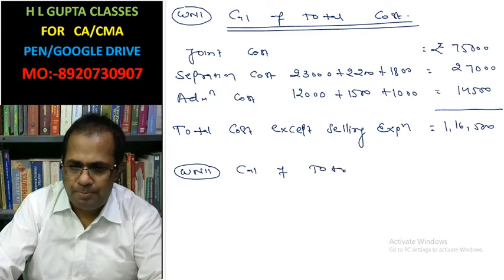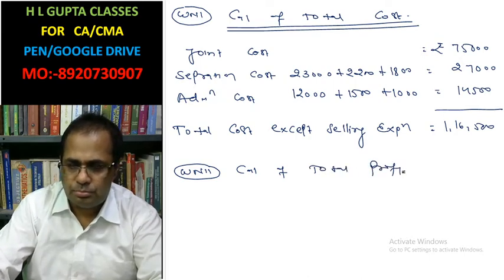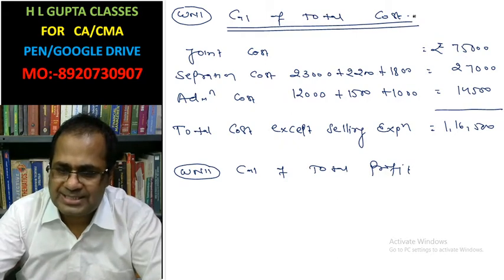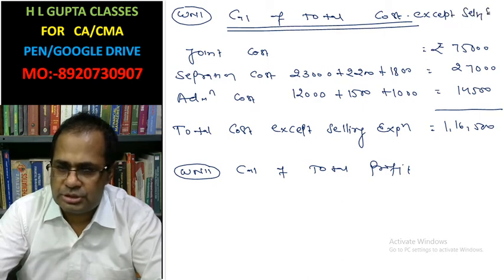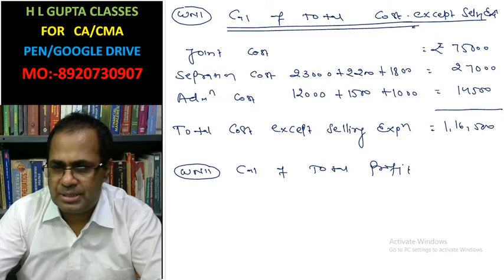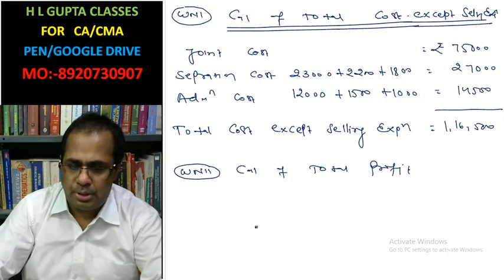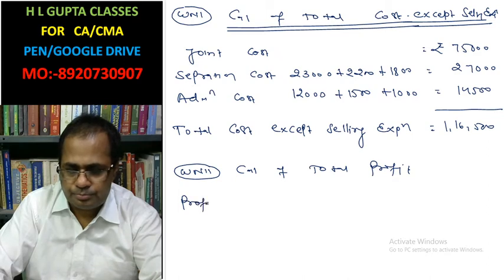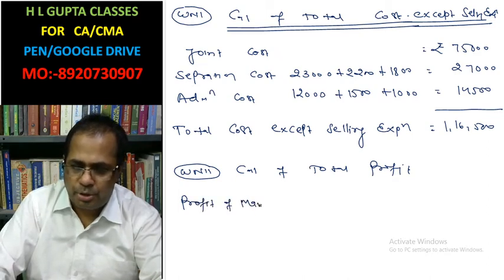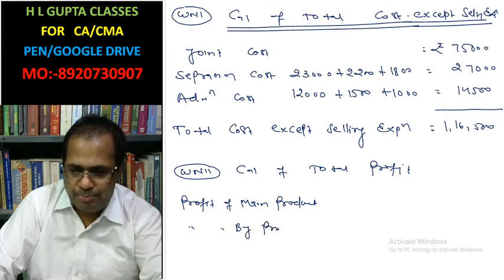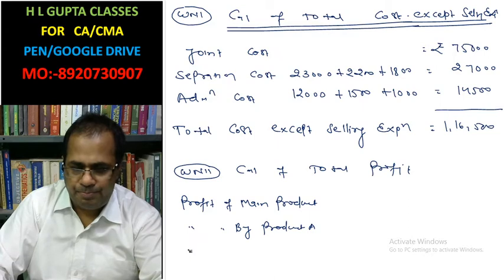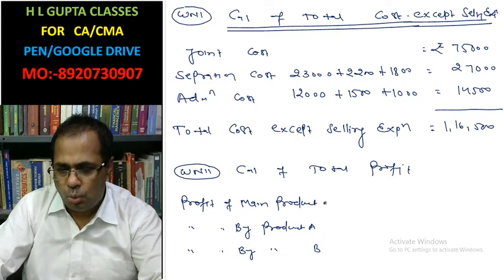Calculation of total cost except selling expenses is done. Now, calculation of total profit: profit of main product, profit of byproduct A, profit of byproduct B. What will it be here?